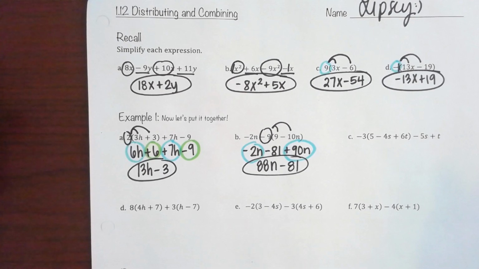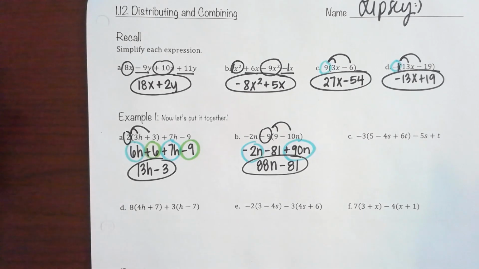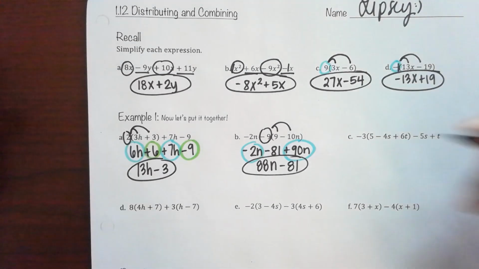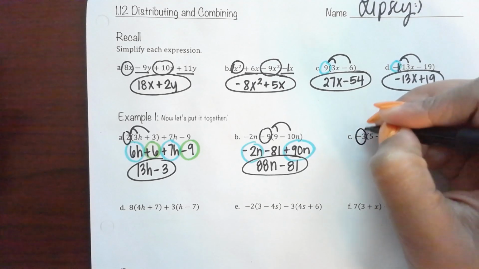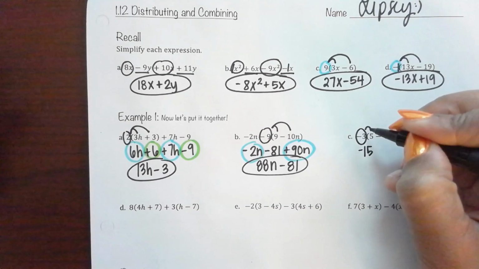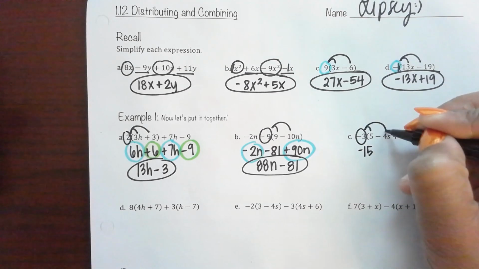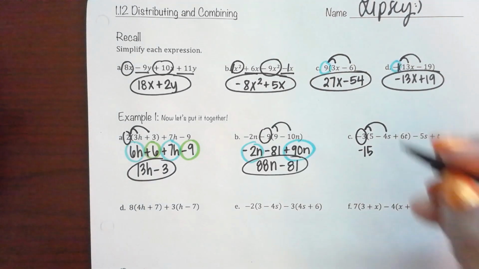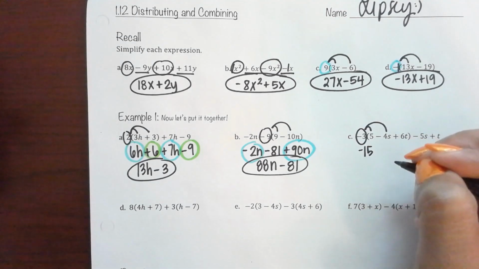Looking at C, I have negative 3 times 5 minus 4s, plus 6t minus 5s plus t. What do I need to do first? Negative 3 times 5, which is negative 15. Then, negative 3 times negative 4s, right? So what's negative 3 times negative 4s?